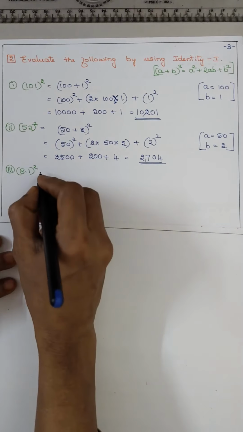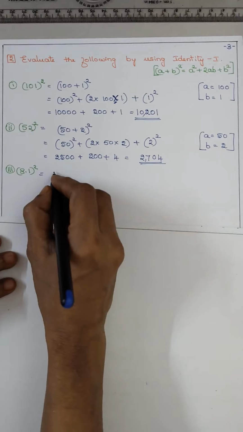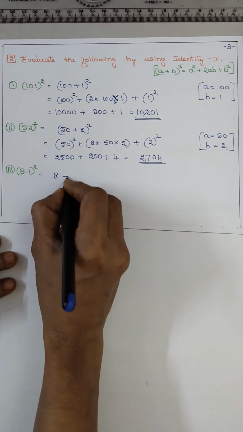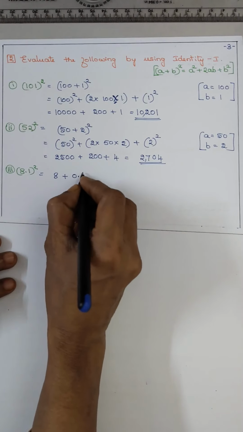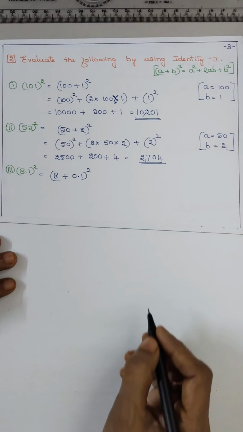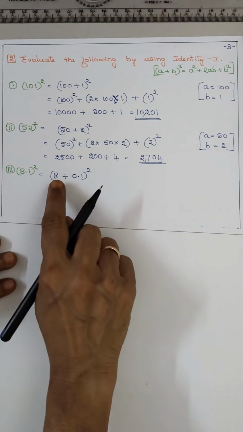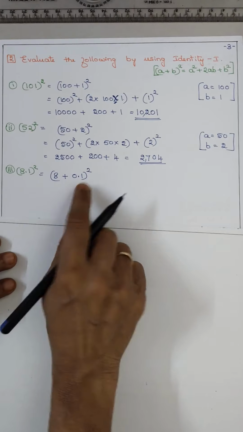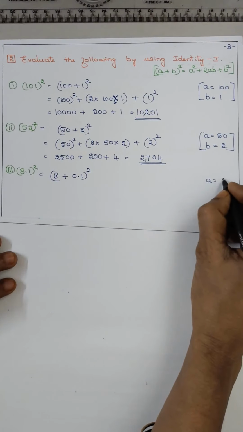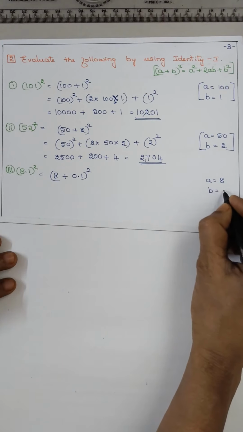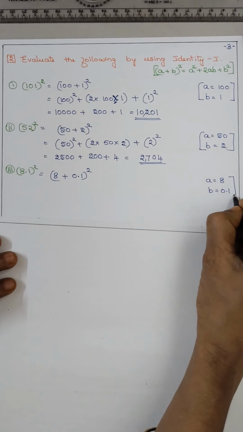Now coming to the third sum, 8.1 the whole square can be written as 8 plus 0.1 the whole square. A is equal to 8, B is equal to 0.1.